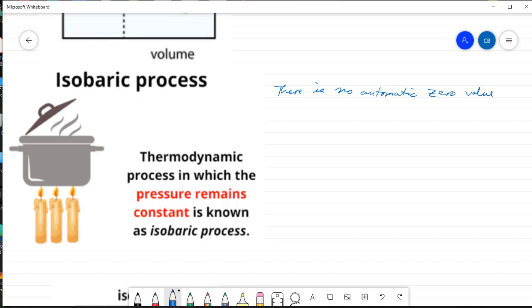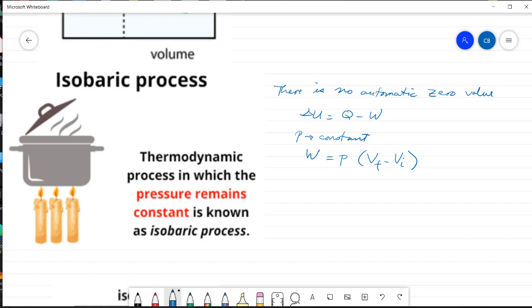Our equation is delta U equal to Q minus W. However, since pressure is constant, we can solve for the work done: P times the final volume minus the initial volume.